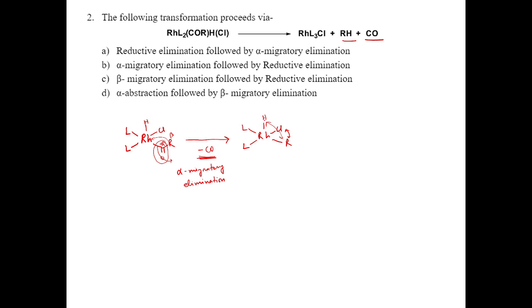So what will happen now? As a product they have given RH, right? So RH, how will it come? If these two are kicked out from the complex, then only RH will form. And what is the reaction? The reaction is reductive elimination, right?